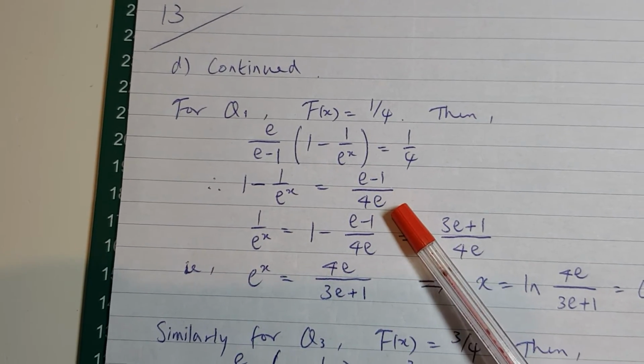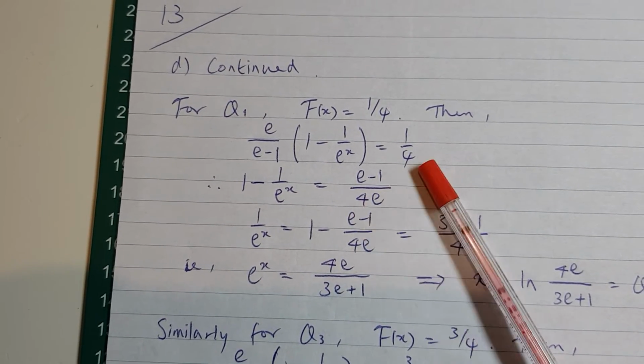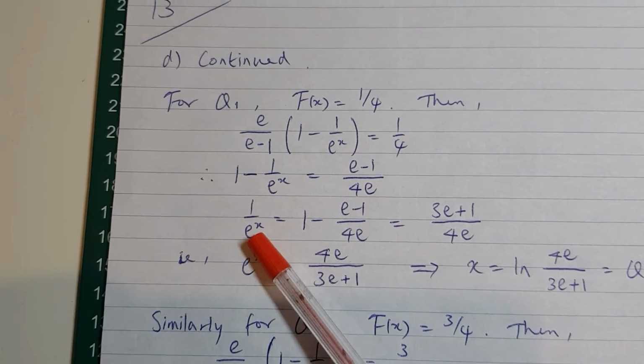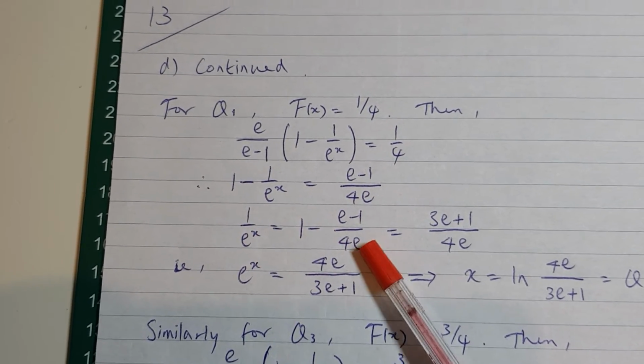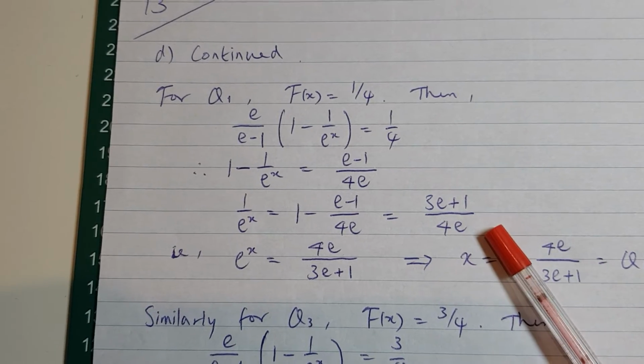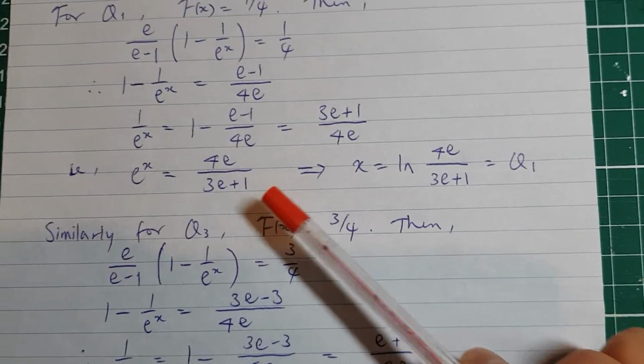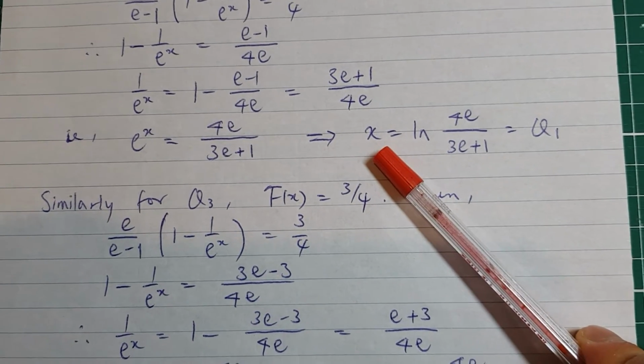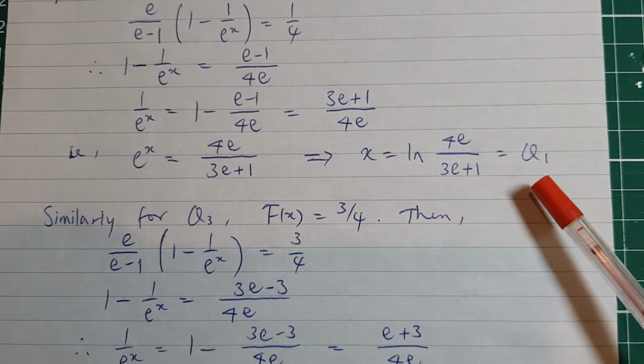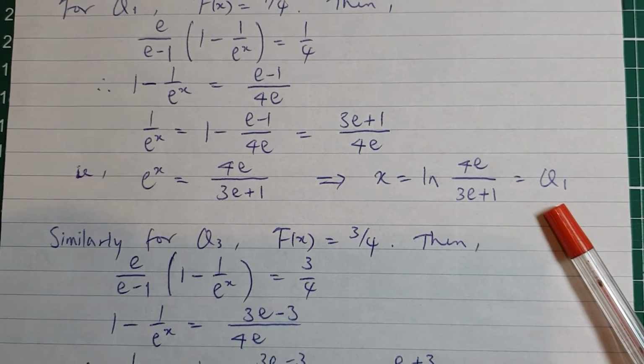Then you get this. So the number has now changed to 4. Okay, 1 on e to the x being the subject, then you get this. Common denominator will leave us with that. Again, flip that to get this. And again, to solve for x, you have to use the log definition, which will give us this. Then that's now your Q1.